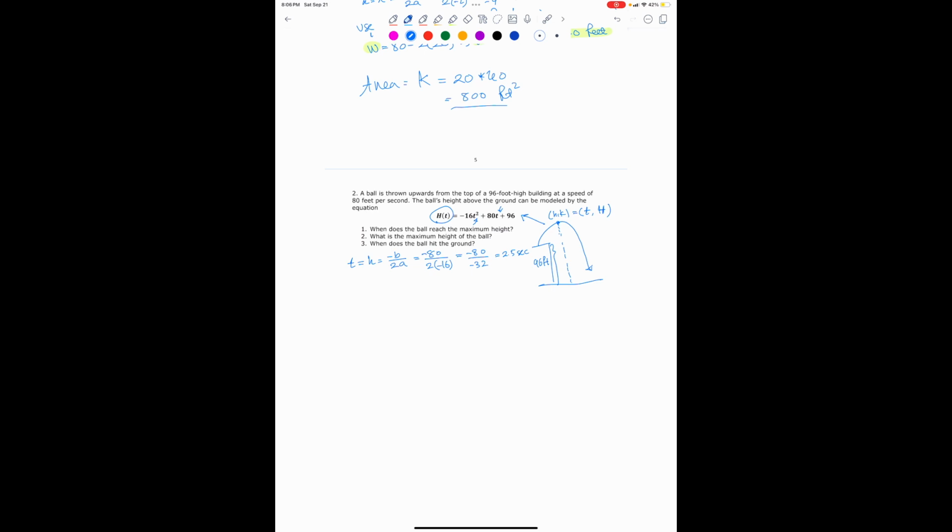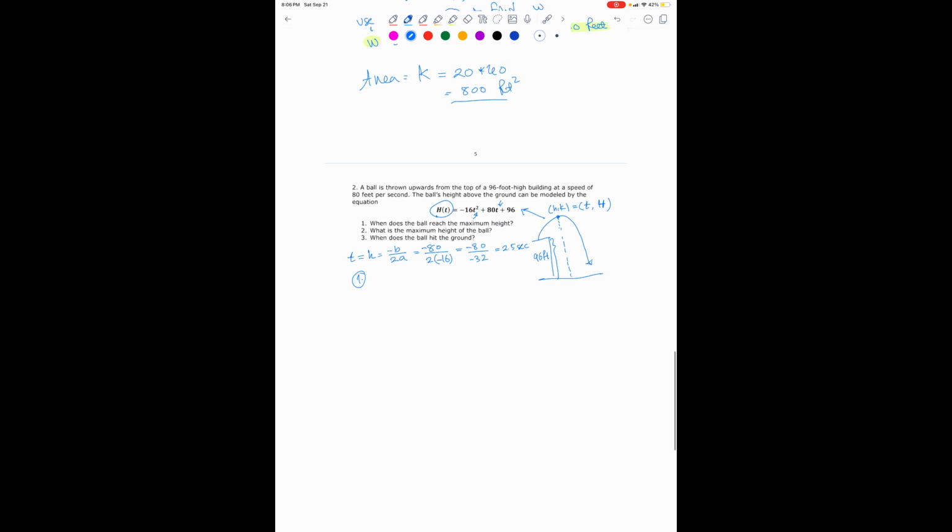So number 1, the time needed for the ball to reach a maximum height is 2.5 seconds. So that is the first question.